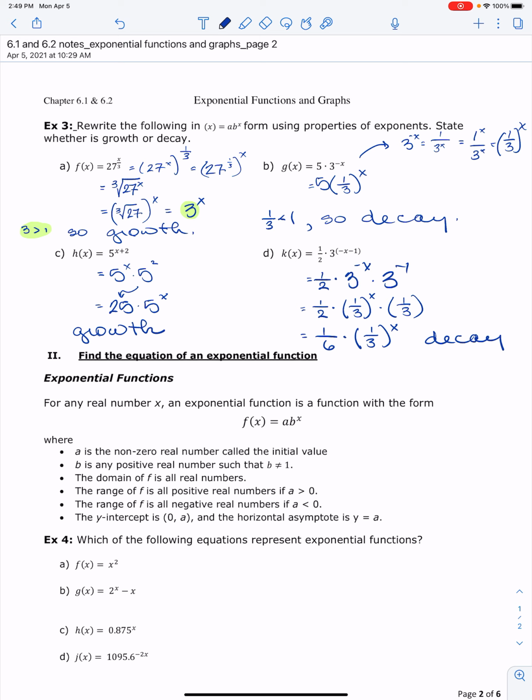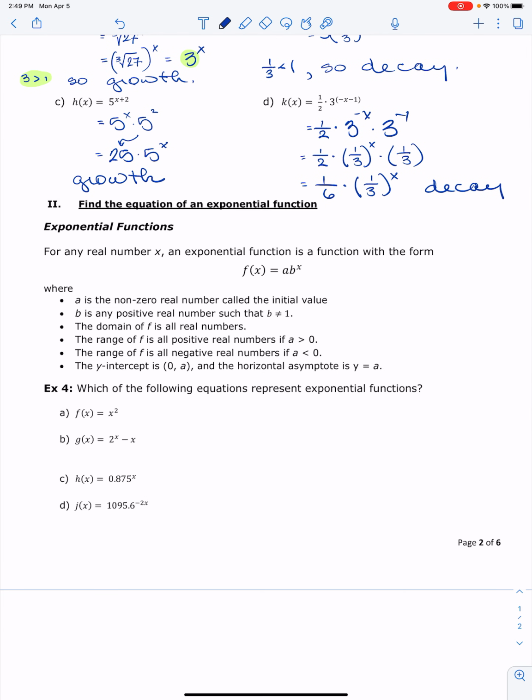Okay? So exponential functions have to have an x as the exponent. So here's our form, a times b to the x. And hopefully, as you saw above, we typically can isolate the x in that exponent.